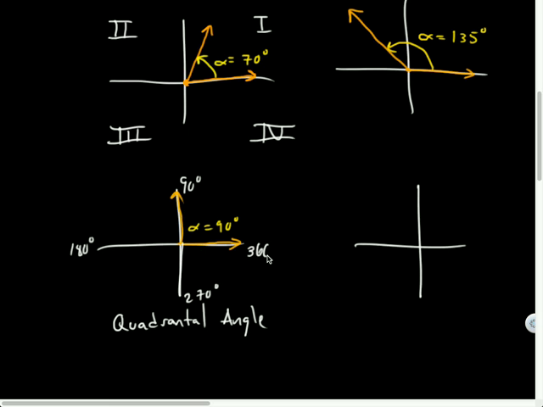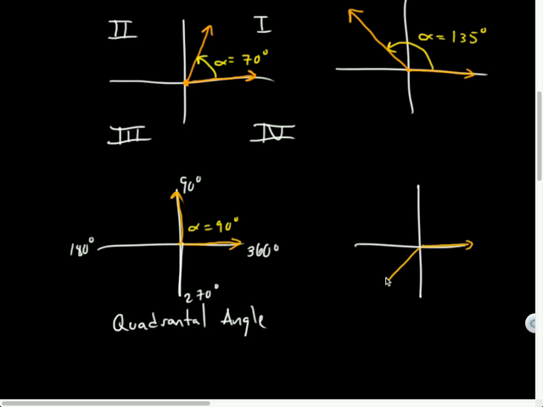360 degrees. So hopefully my snowboarders and skateboarders will be good with angles. And it turns out that we also can have angles measured negatively.